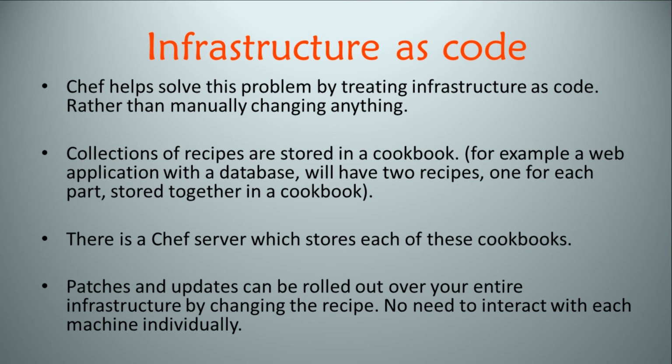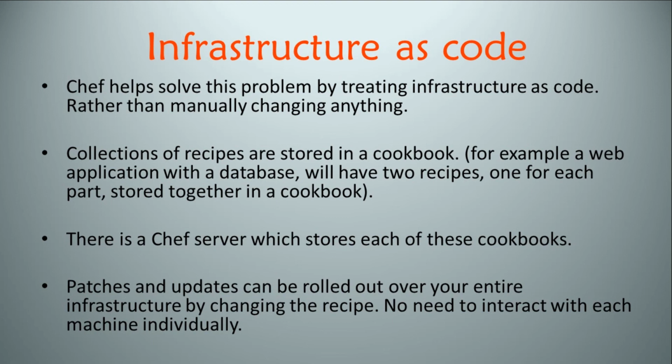Talking about infrastructure as code, how is it used in Chef? Chef helps to solve this problem by treating infrastructure as code rather than manually changing anything. A collection of recipes is stored in cookbooks. For example, a web application with a database will have 2 recipes, one for each part, stored together in a cookbook. These are the terms we use in Chef language, so you don't have to worry about that.